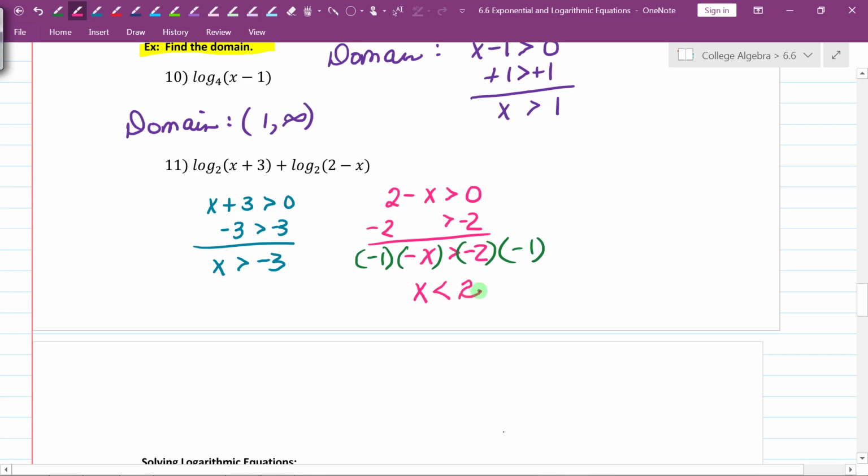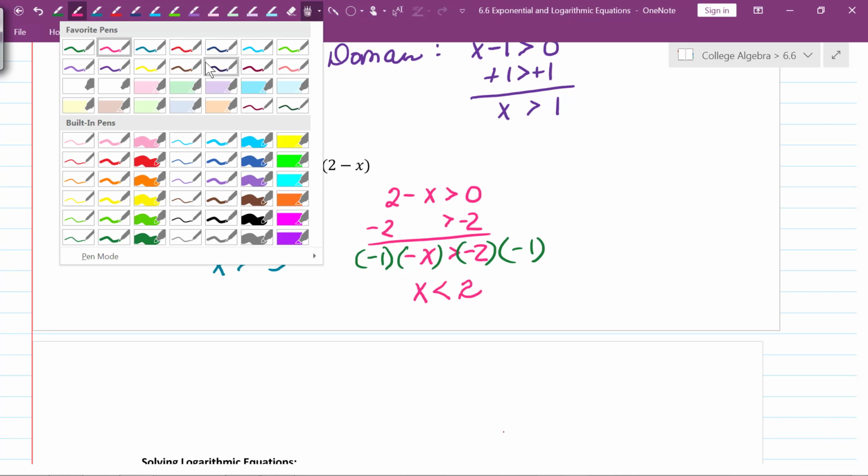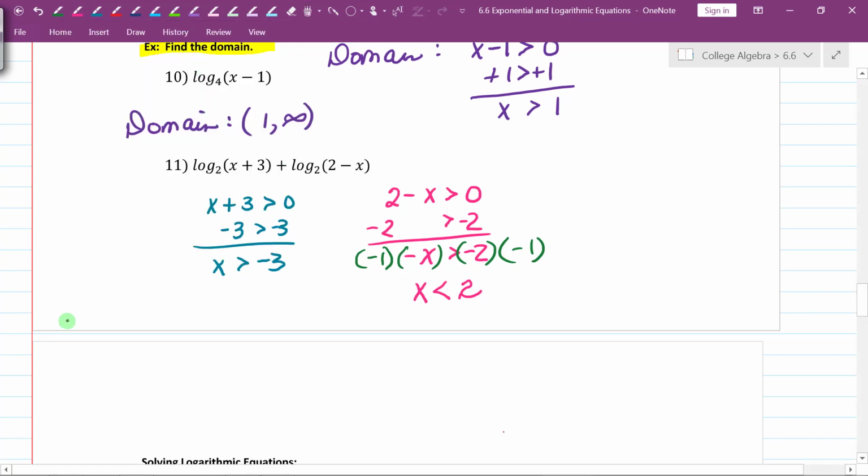So here's my boundaries. It says that x has to be greater than negative 3, but x also has to be less than positive 2. So let's draw a number line and look at this. Here's our number line, and I'm going to put negative 3 right here, 0, and then positive 2, positive 3 right over here. According to the information that I obtained, the first one here, x is greater than negative 3.